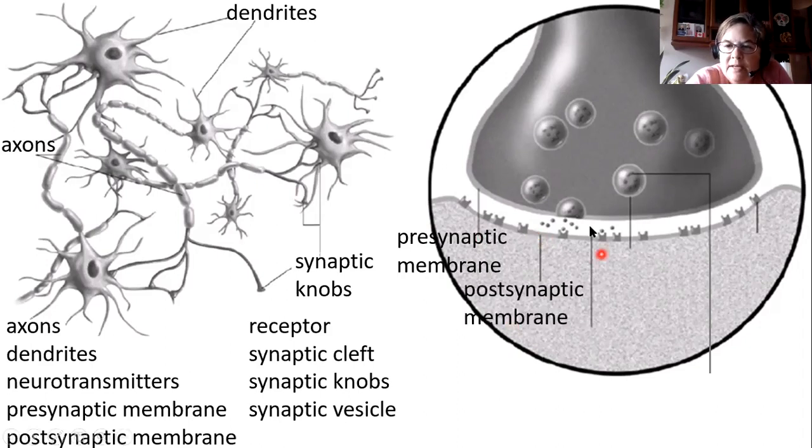Okay, this one's pointed to this region right here, where my little spotlight is. Okay, good. The synaptic cleft, excellent. All right, now this one is pointed to this big ball here. Good. Vesicle.